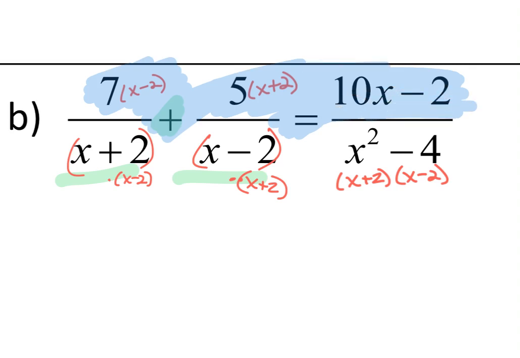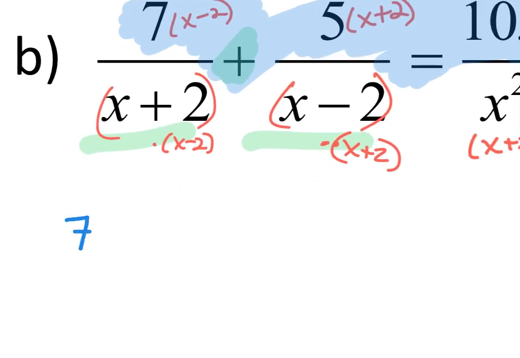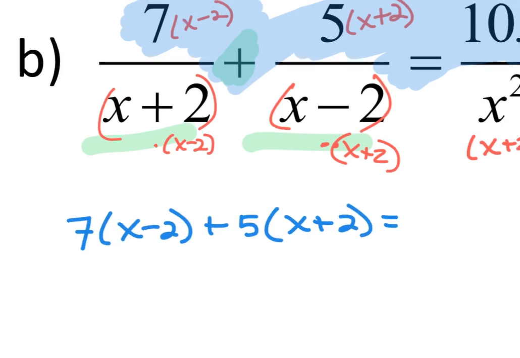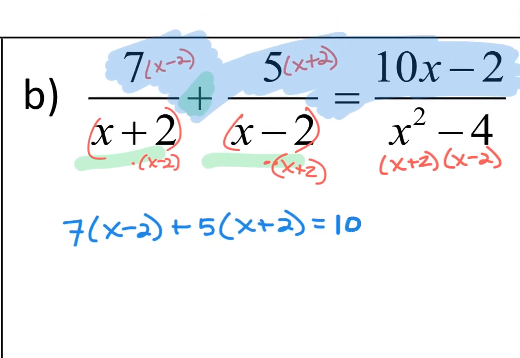And so I'm going to rewrite that whole thing as 7 times x minus 2 plus 5 times x plus 2 equals 10x minus 2. And now I'm going to solve that equation.